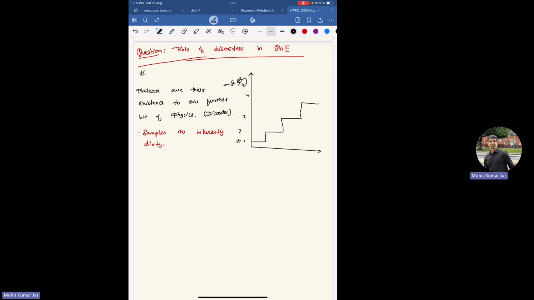All these come as impurities because they act like local scatterers, and when electrons move, they scatter those electrons, and that's why we call them impurities. And these impurities can be modeled by adding a random potential V(x).